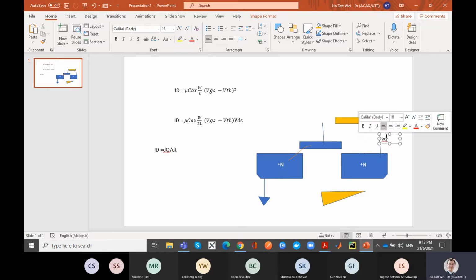If you don't have VD, you just have a channel like this. If I just apply voltage here, I just have a channel like that, but there's no current flowing, because in order for current to flow here, you need the voltage from the drain to the source. Correct?